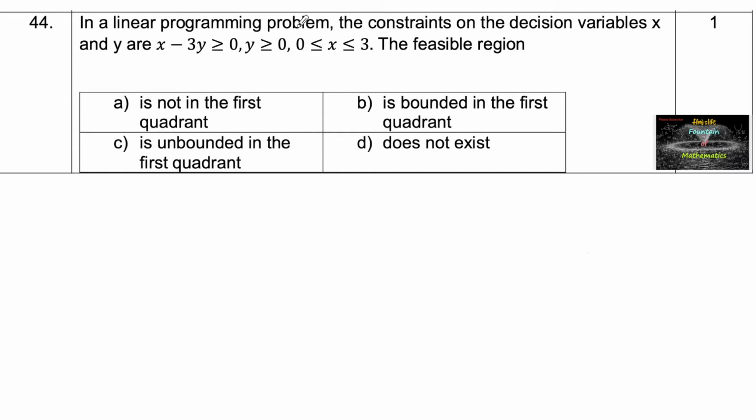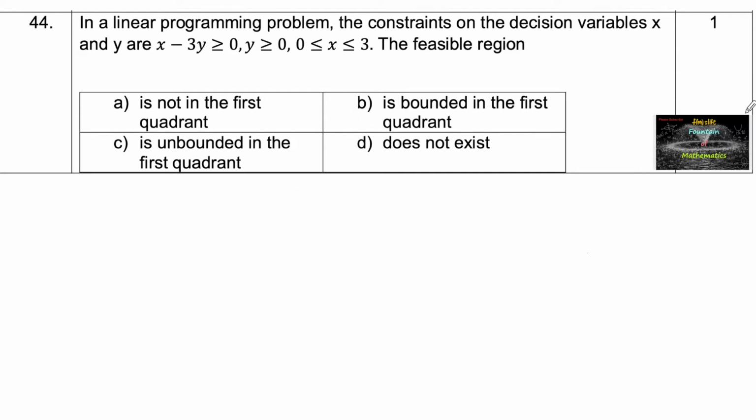In a linear programming problem, the constraints on the decision variables x and y are given: x minus 3y is greater than or equals to 0, y greater than or equals to 0, and 0 less than or equals to x less than or equals to 3. Then the feasible region is among the four options.